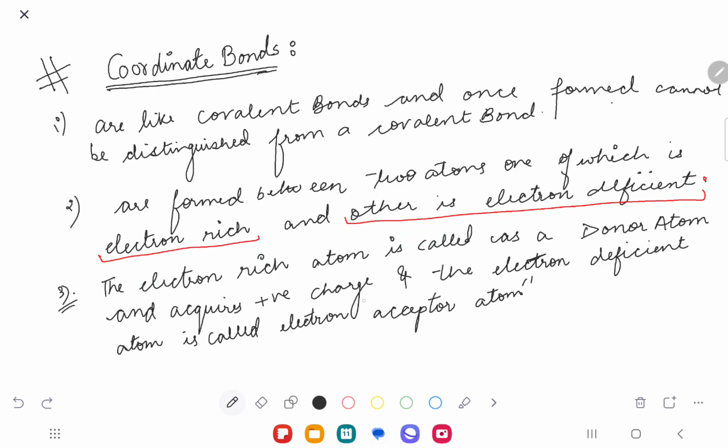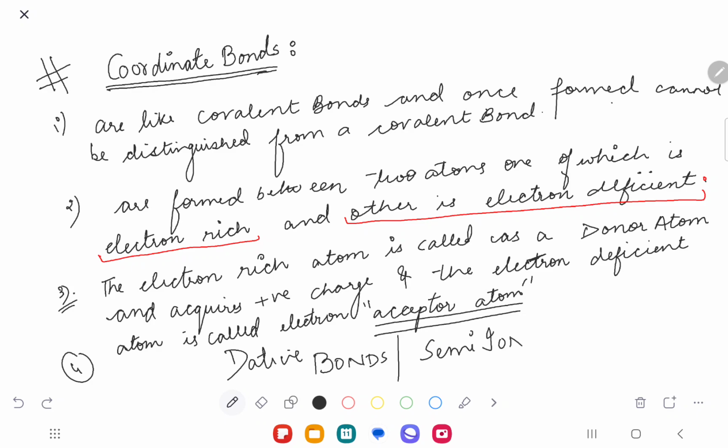Coordinate bonds are also called dative bonds or semi-ionic bonds.